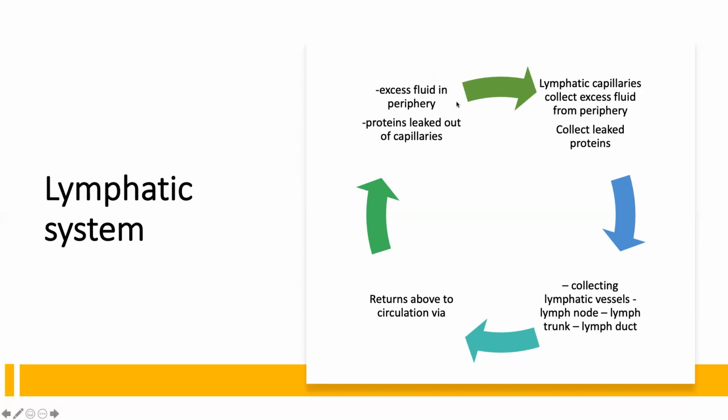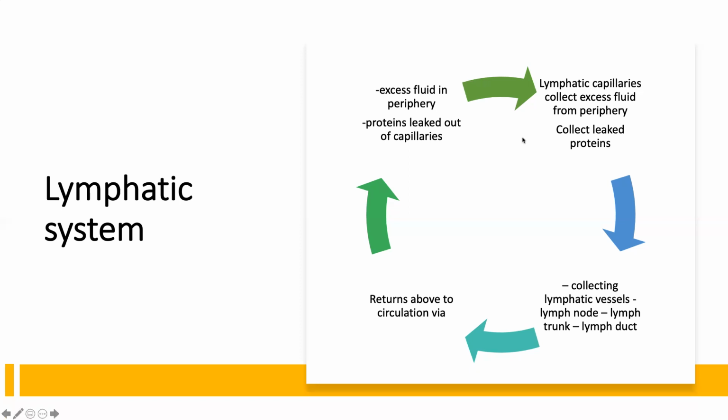from the capillaries. Some of the fluid will be taken away by the venules, but if there is any excess, the veins might not have the opportunity to take it back and carry it inside the venous system in the circulation. So this excess fluid and the large proteins, which cannot be carried by the venous system, will be carried by the lymphatic system.